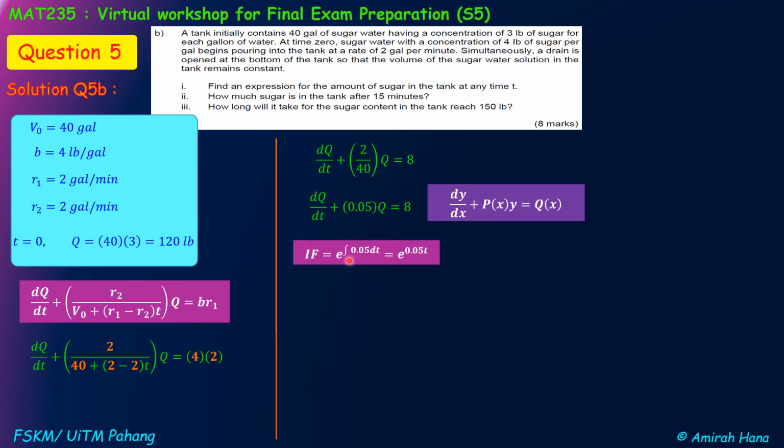When we integrate 0.05 with respect to time, we have 0.05t. So now our IF equals to e to the power of 0.05t. After we find IF, we can find the solution.